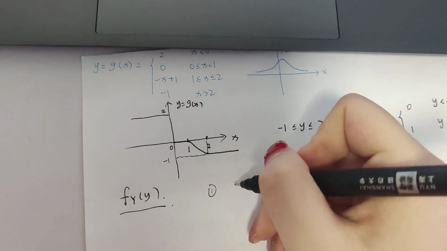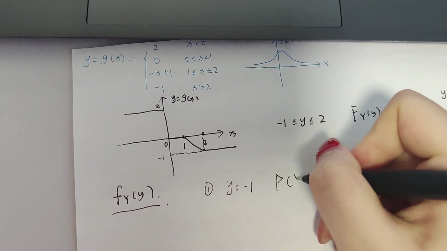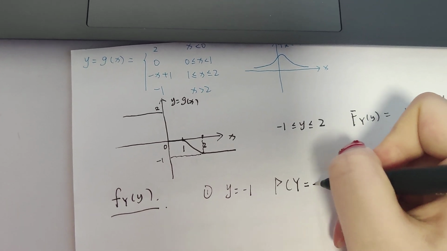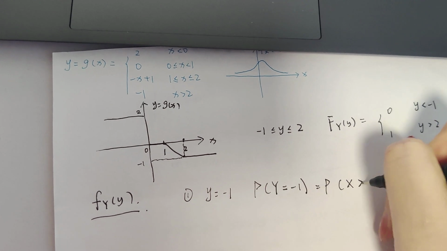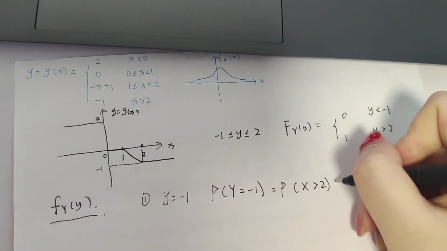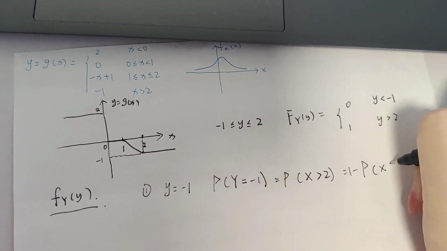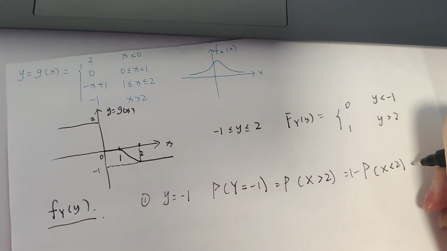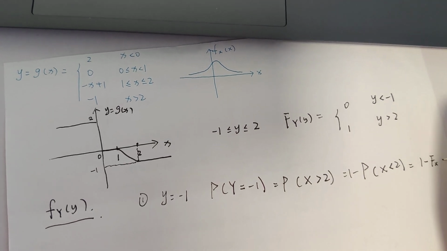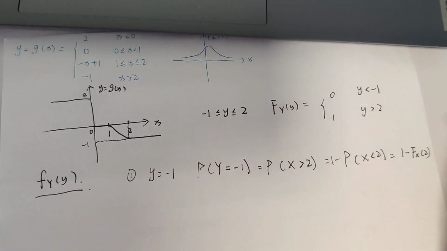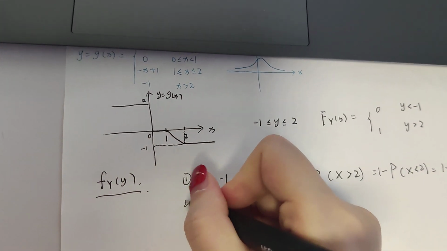So first, when y equals minus 1, the probability of y equals minus 1 equals the probability of x more than 2. So this equals 1 minus the probability of x less than 2, which equals 1 minus the distribution function of x at 2.